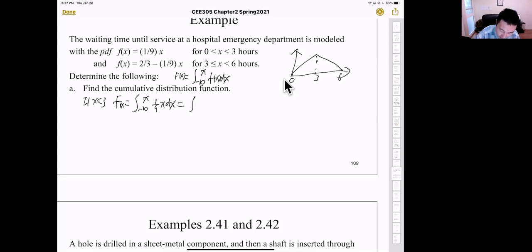Because there is nothing less than 0, it becomes 0 to x of 1 over 9x dx. So that is for x less than 3.